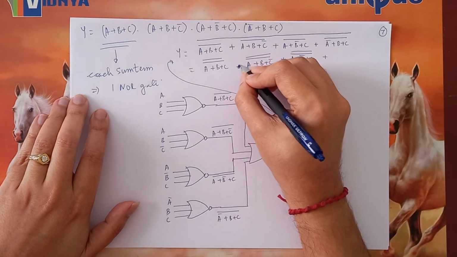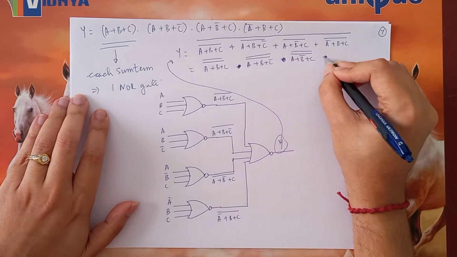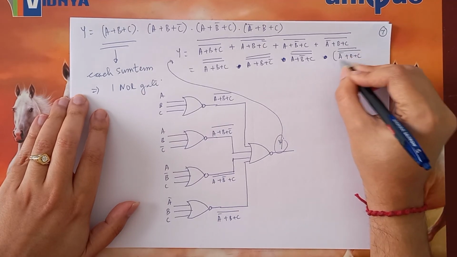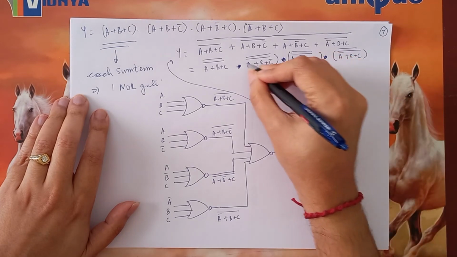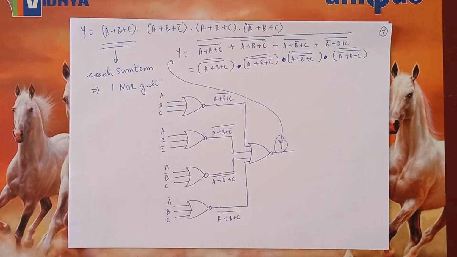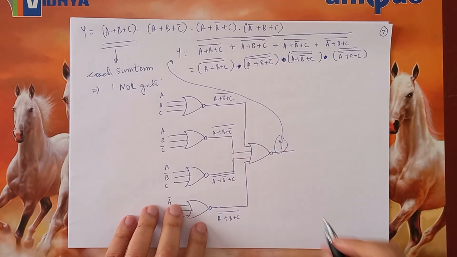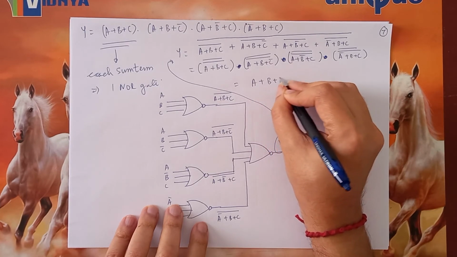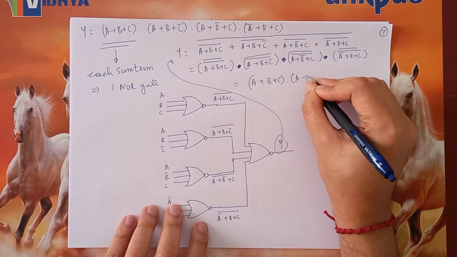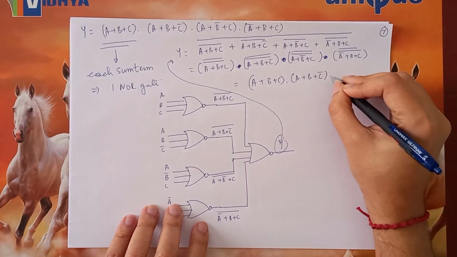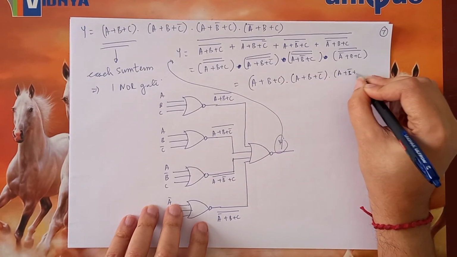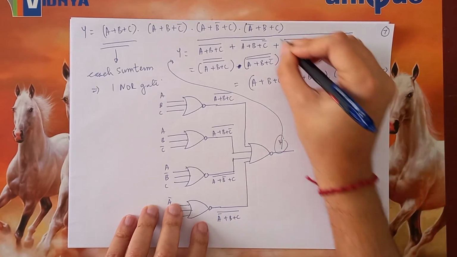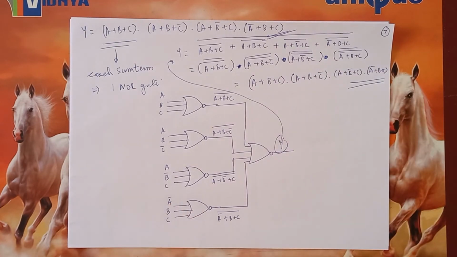Sorry, this will be dot. Be very careful when using De Morgan's. The pluses will be replaced with dots. So the answer is A plus B plus C dot A plus B plus C bar dot A plus B bar plus C dot A bar plus B plus C, which is the same as the initial expression.